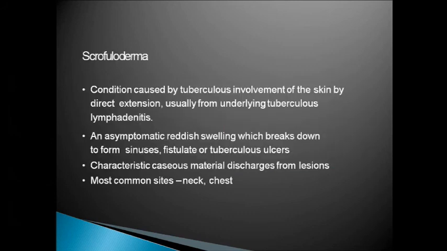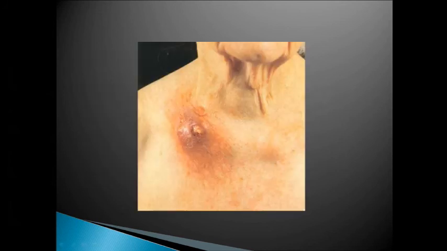Then scrofuloderma. Scrofuloderma is nothing but a condition caused by tubercular involvement of the skin by extension. So scrofuloderma usually comes from within. See here, this is a case of pulmonary tuberculosis and it is causing infection of the overlying skin. The bacillary load is so much that it is coming out of the skin, including the skin and coming out.